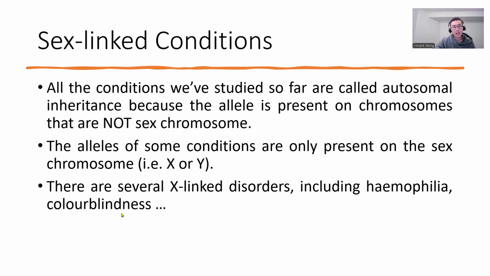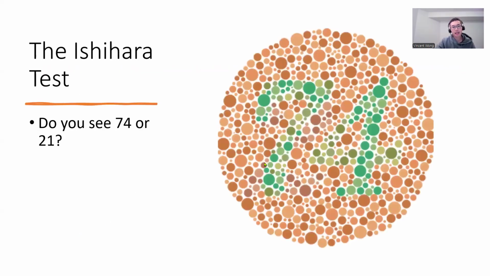We'll use color blindness as an example. What number do you see? Let's do a poll. Don't tell me. If you see 74, choose A. If you see 21, choose B. If you don't see any numbers, then we have a big problem.